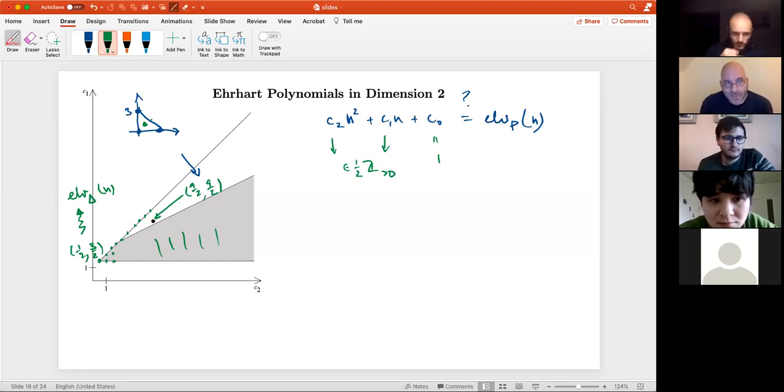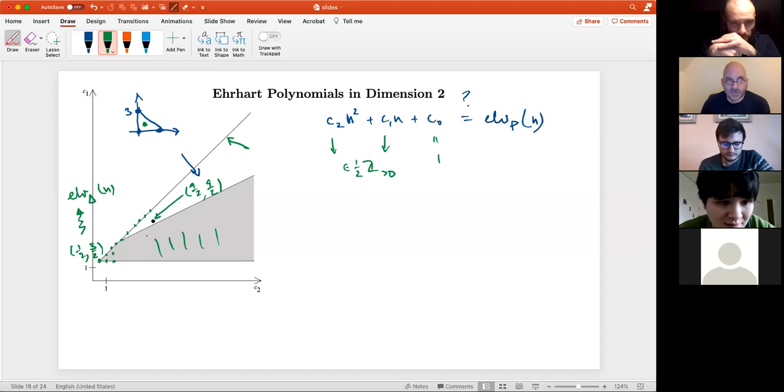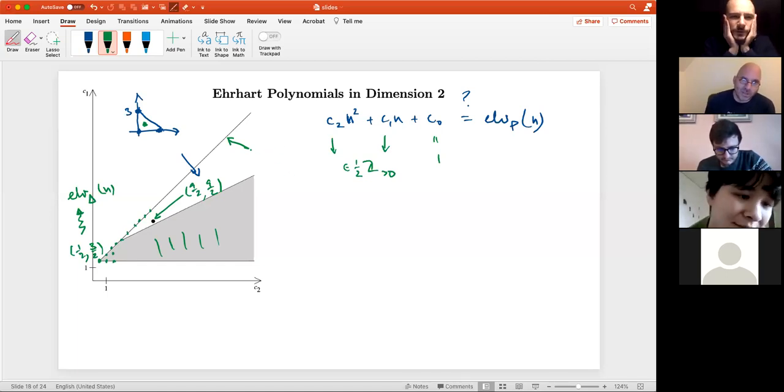I should also tell you which things are on this ray over here. These must be some sort of extreme polygons. On this ray are all polygons with no interior lattice points.